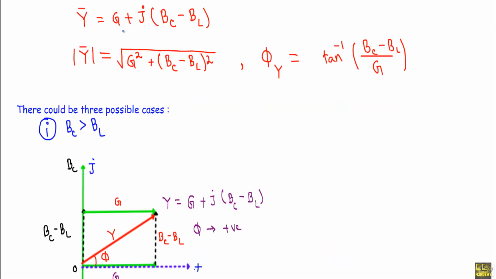Now I will show you how to draw the admittance diagram of a parallel RLC circuit. Before drawing it, let me recall the admittance diagram of parallel RL and parallel RC circuits.